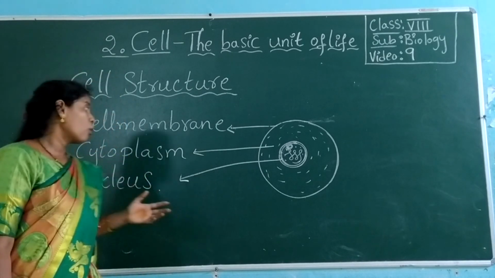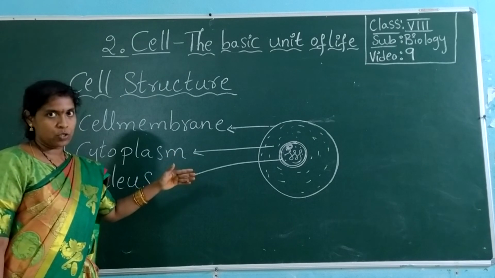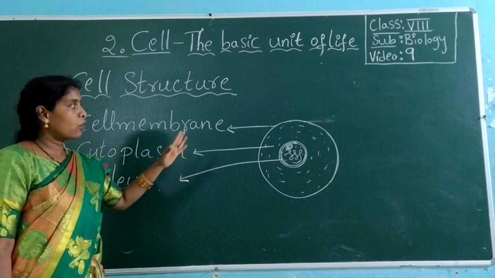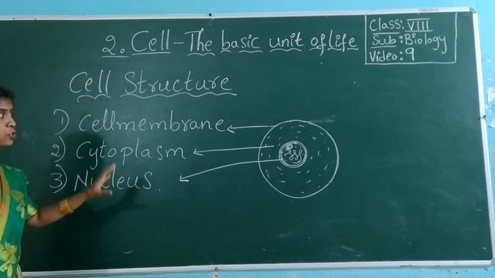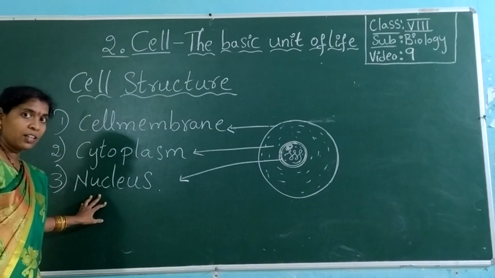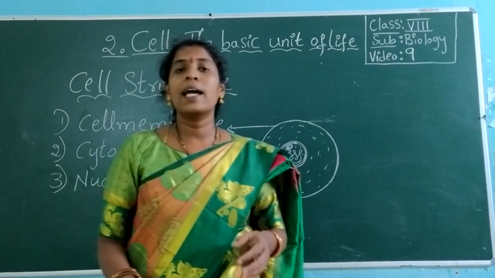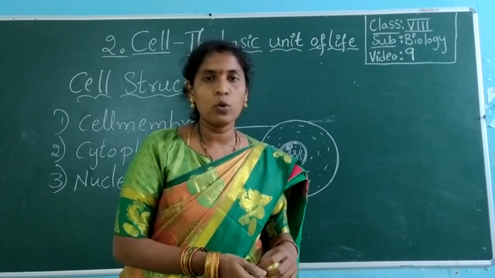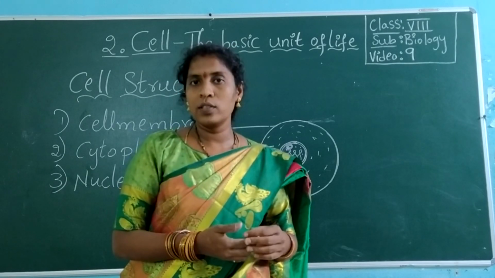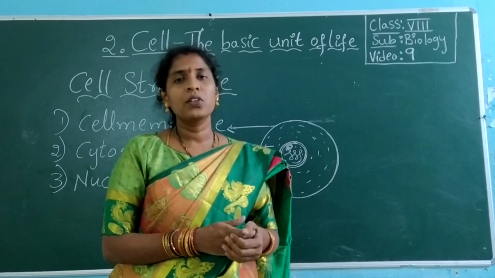This nucleus has four parts actually. What are those four parts? In which organisms those four parts of the nucleus are present and in which they are not present, we will see in the next class. I will tell you the differentiation between prokaryotic cell and eukaryotic cell, and the differentiation of eukaryotic plant and animal cell, also in the next class.